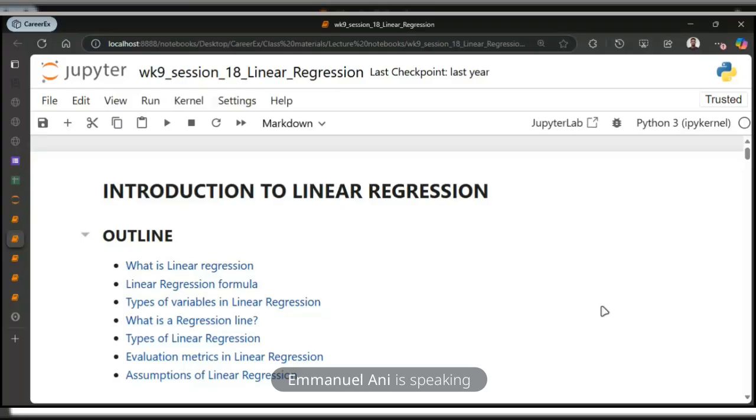There's nothing we're implementing today, just the conceptual level. I'm going to send some video materials to help you understand it better, drive some of these points home, and give you some fresh perspectives on linear regression. That's it for today's class. If you have any question, please let me know, and then we call it a day.